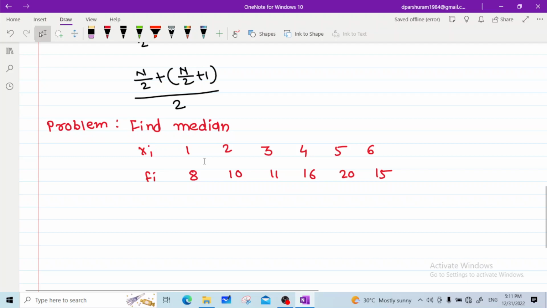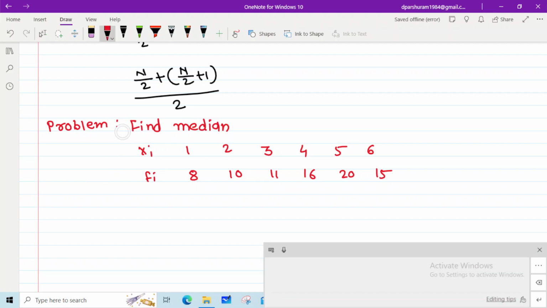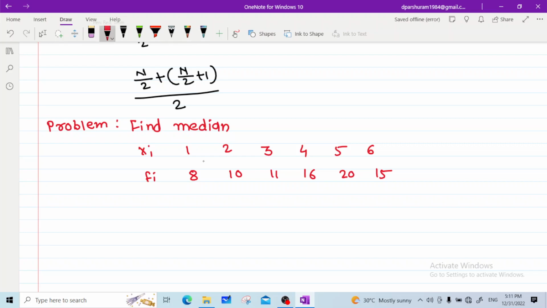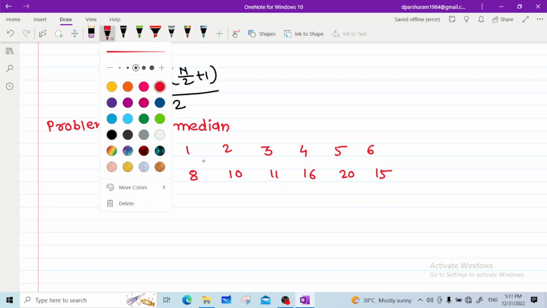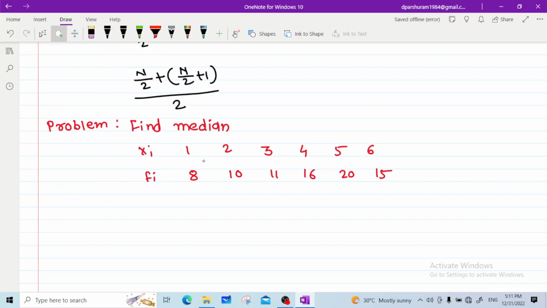Solution of this example. We have to construct a table for this example.